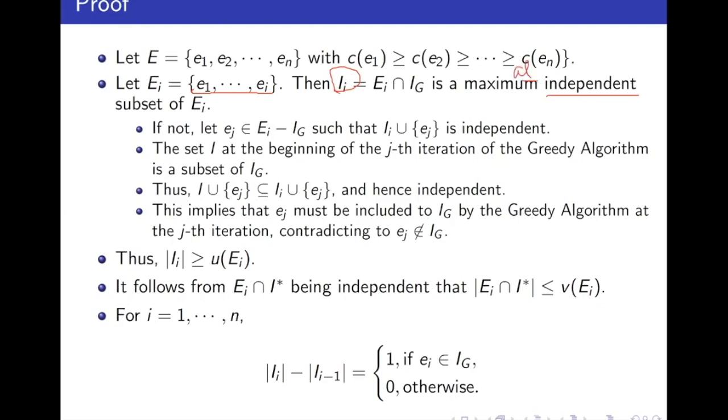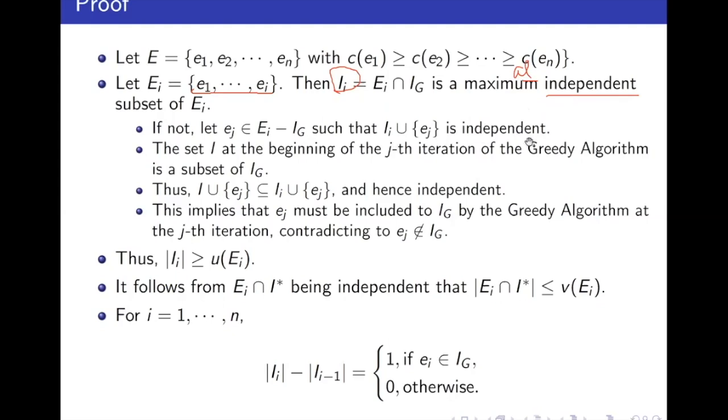We're going to prove it by contradiction. If it is not maximal, that means I have an independent subset that includes I sub I as a proper subset. What that means is that I will have something in EI that is not included in IG, but when I put this element into I sub I, it will be independent. So this is what we get if it's not maximal.